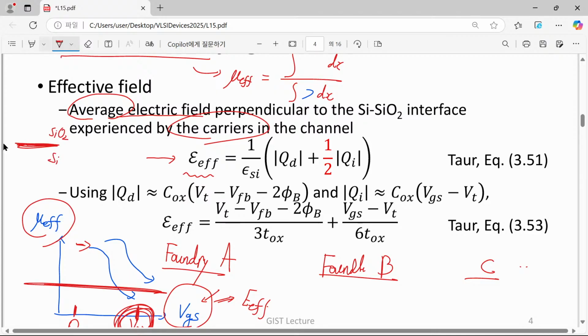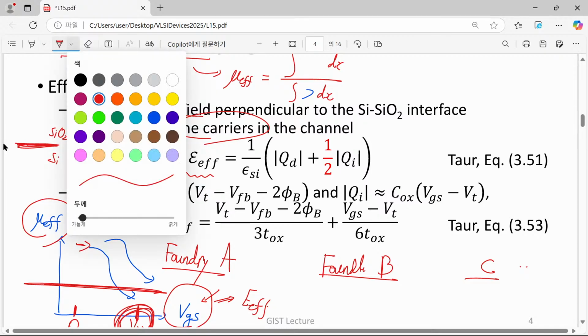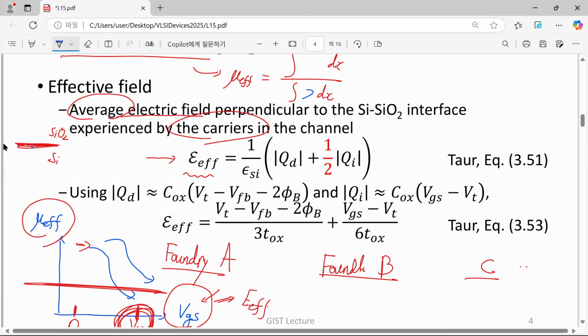Now let's say we have an electron gas. Usually the electron gas looks like this. Nearby this silicon dioxide interface, we have a lot of electrons. After that, the density of electrons decreases quite rapidly.